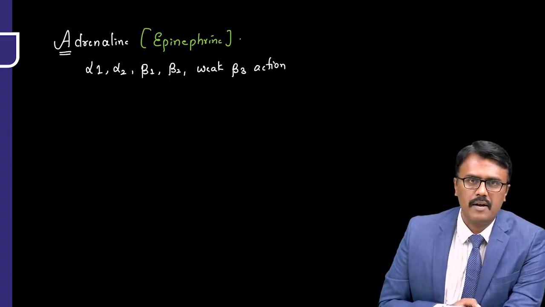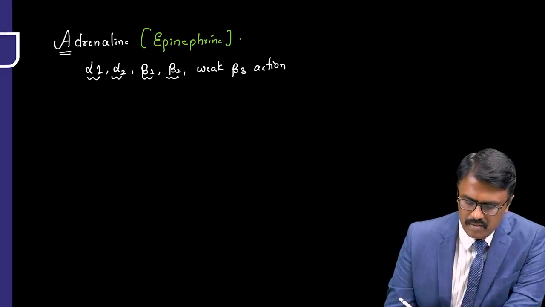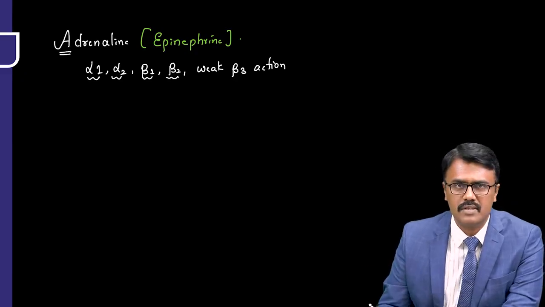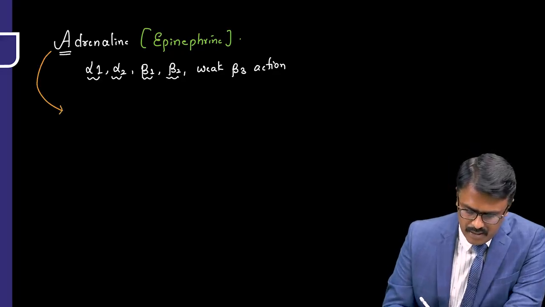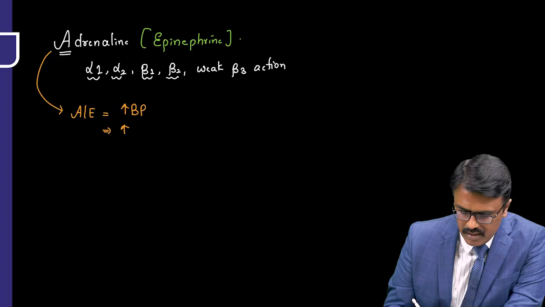Now what is the problem, sir? The problem is, if it acts on all the receptors, it is non-specific. So you will see all the adverse effects. Now, what is the major problem if we give adrenaline? The major problem is it can act on all the receptors and increase the BP. It can also act on beta 1 and increase the risk of arrhythmias.